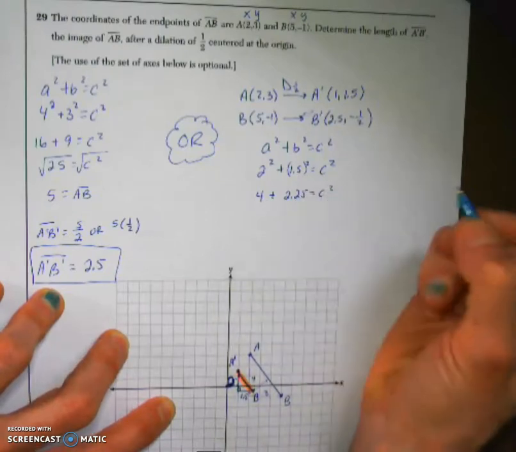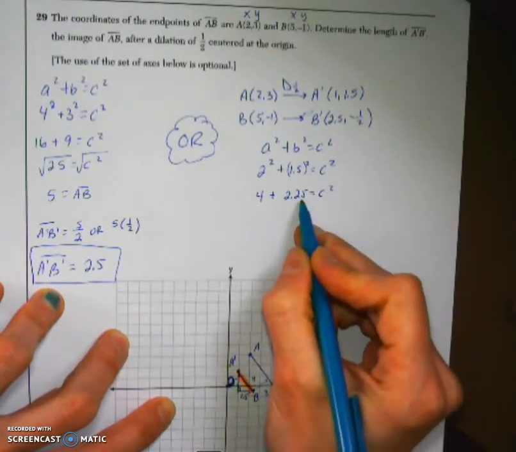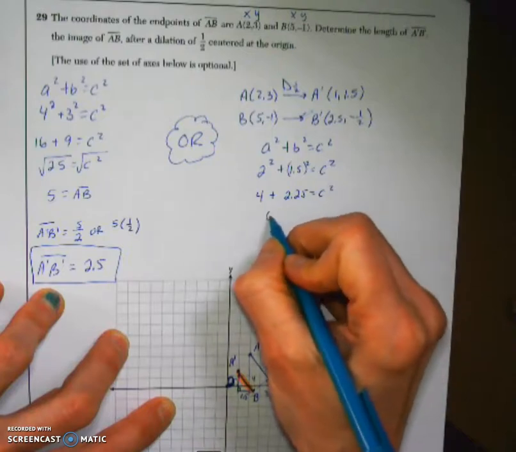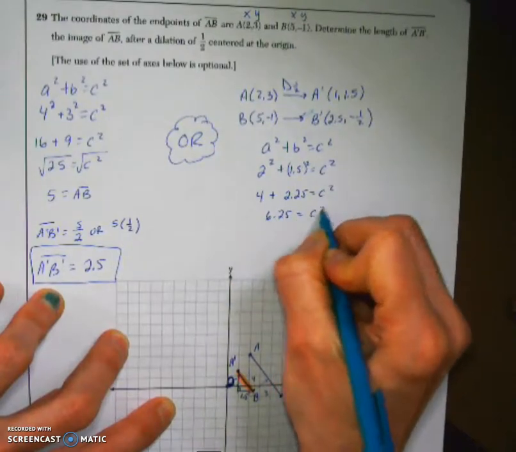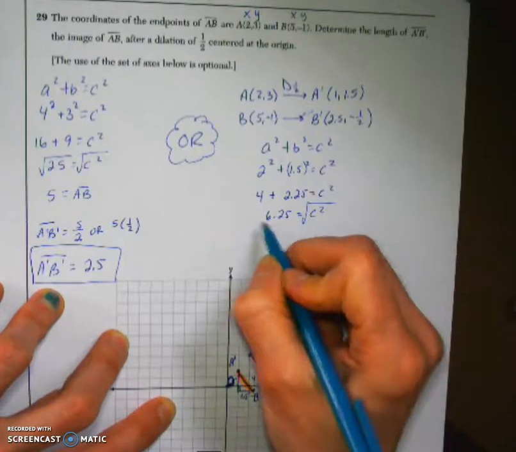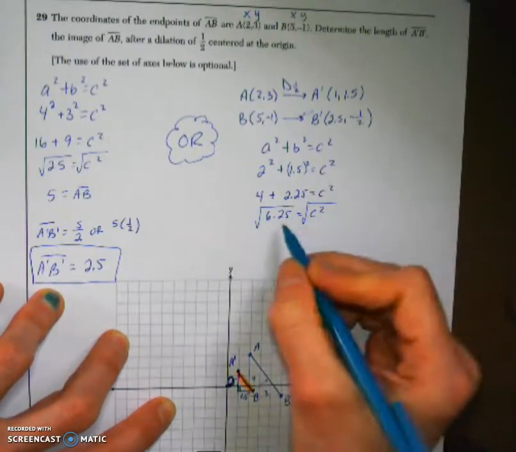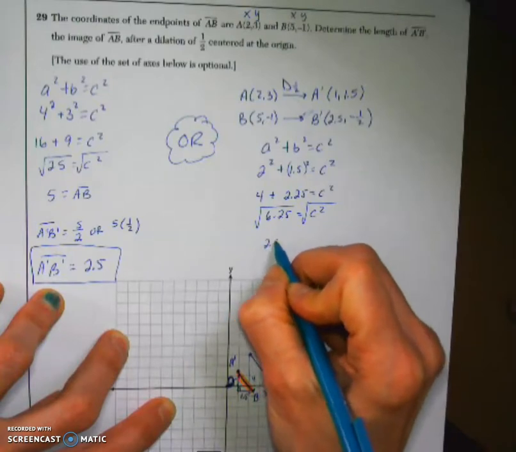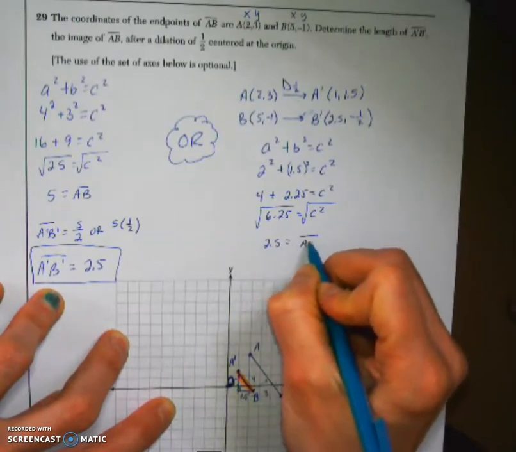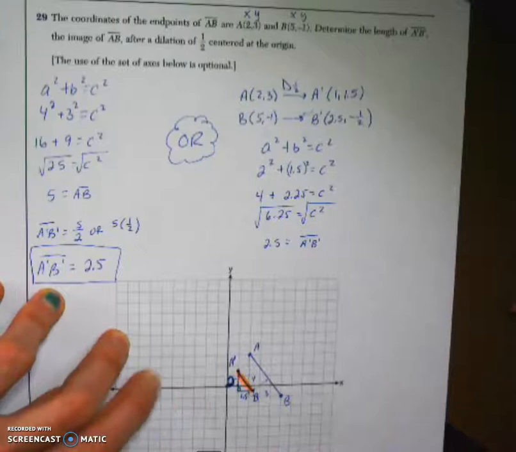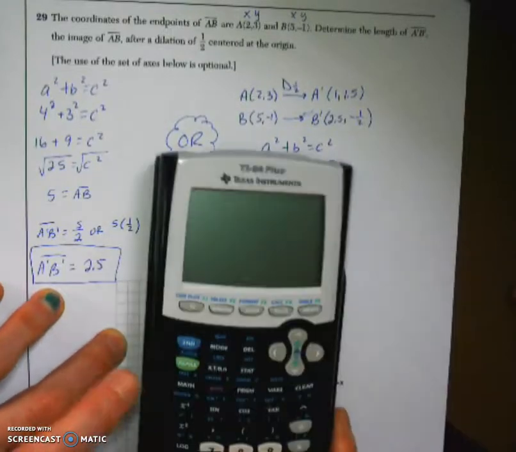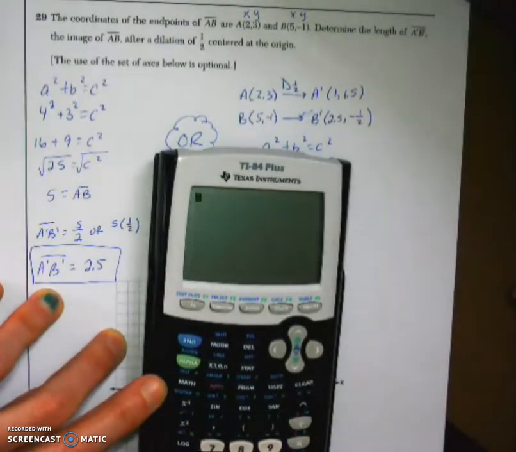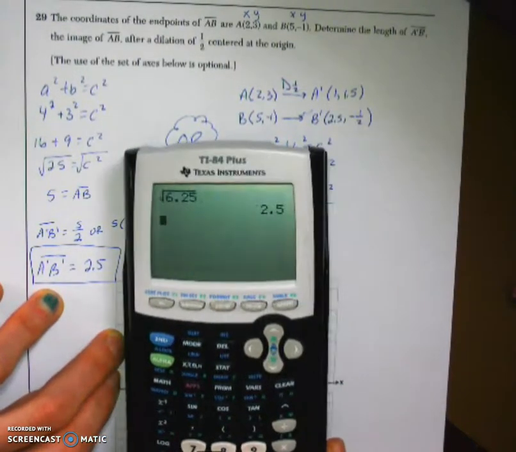When we add 2.25 plus 4, that gives us 6.25 equals c squared. And the opposite of squaring is square rooting. The square root of 6.25 is actually 2.5, and that's going to be the length of A prime B prime. And I'll just show you that math here on the calculator. It is the square root of 6.25, and there's where that 2.5 comes from.